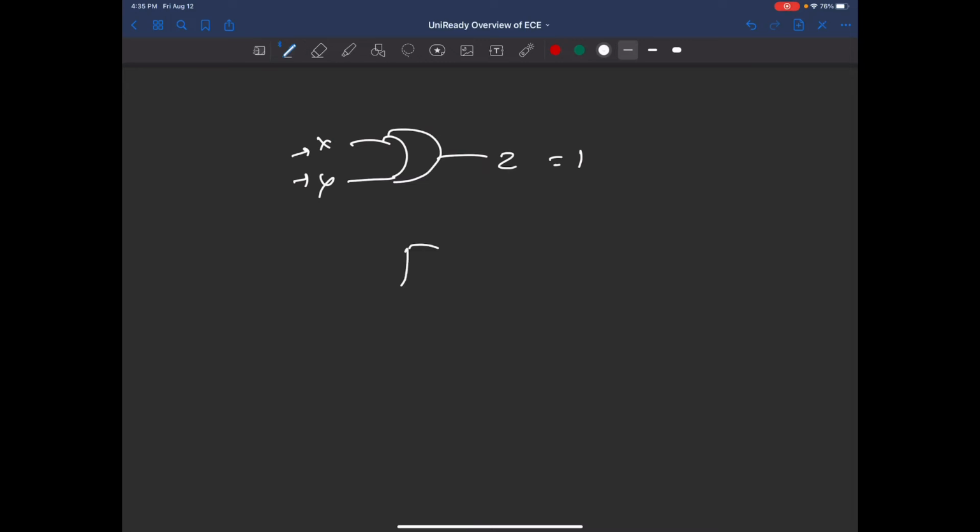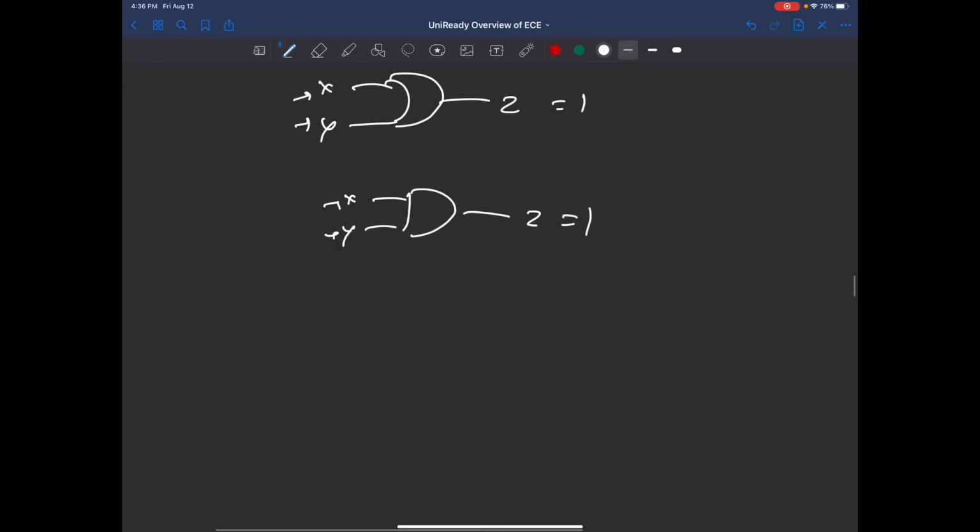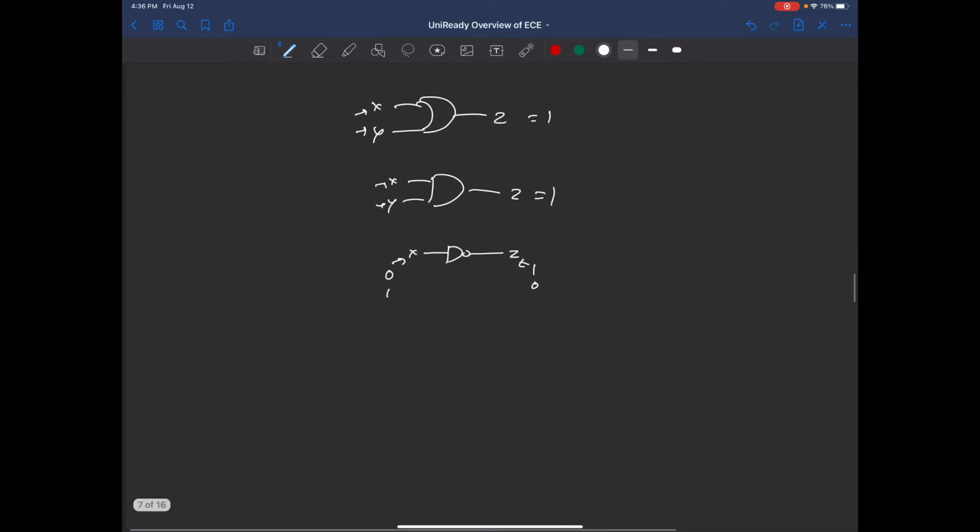And you have the AND gate, which says that Z will only be equal to 1 if X and Y are both equal to 1. And then you have the NOT gate, which essentially just inverts the input, right? So if X is 0, then Z is 1. If X is 1, Z is 0. And using these three gates, I want to show you how to construct any function.